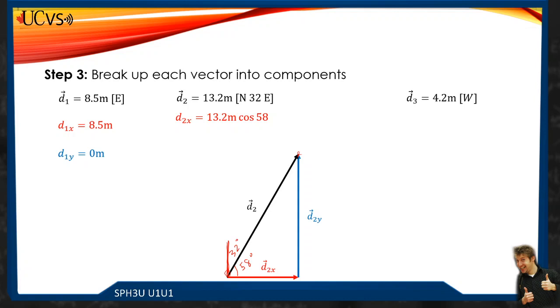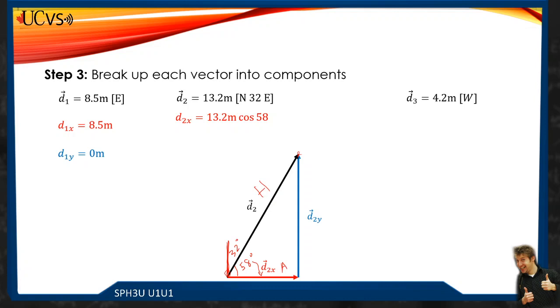Hopefully you guys remember some of your trigonometry here. This is 58, so this is my adjacent side. This is my hypotenuse. Adjacent over hypotenuse is the cosine. So cosine of 58 is going to be this adjacent side divided by that side. So solving it, multiply by both sides, multiply by 13.2.